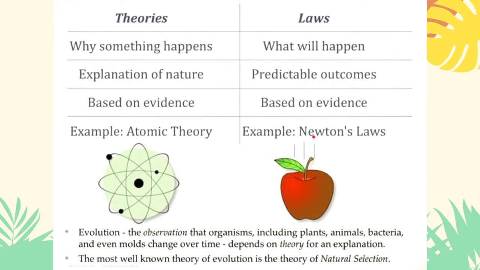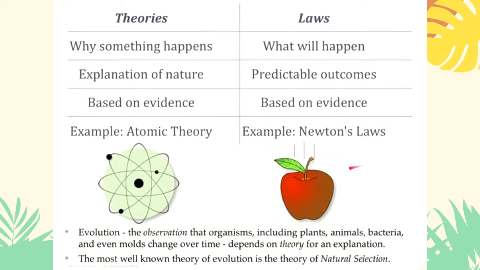Laws, on the other hand, predict what will happen based on existing parameters. It means that it will predict what will happen if you have this value. It has a predictable outcome, still based on evidence. For example, Newton's laws of motion.